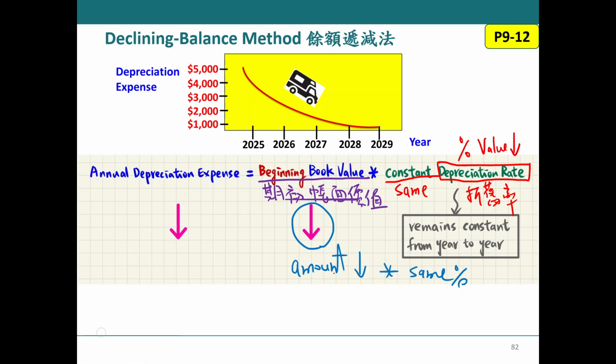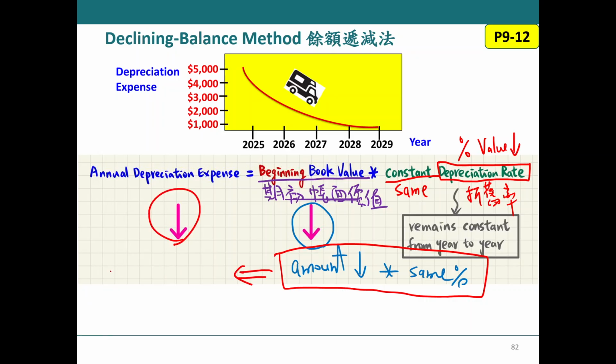Okay, so based on this, can you get the result we want? The amount for depreciation expense will be decreased, right?